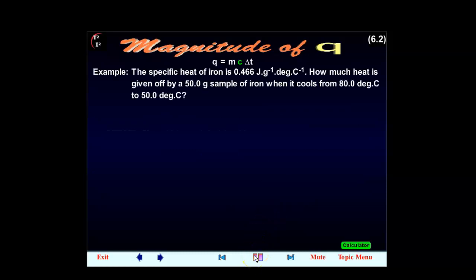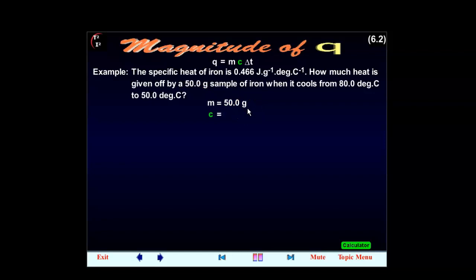Example: the specific heat of iron is 0.466 joules per gram per degree Celsius. How much heat is given off by a 50.0 gram sample of iron when it cools from 80.0 degrees Celsius to 50.0 degrees Celsius? M equals 50.0 grams.